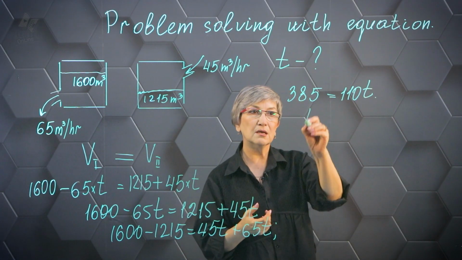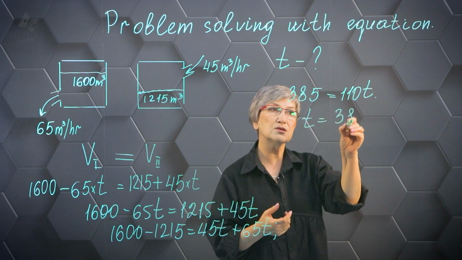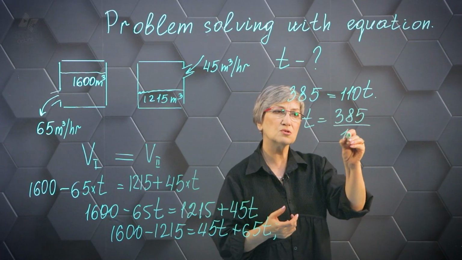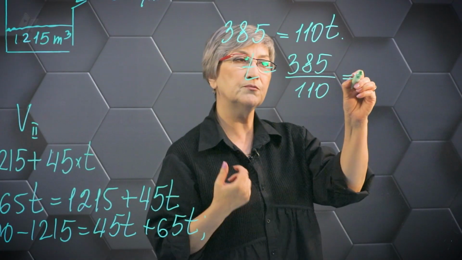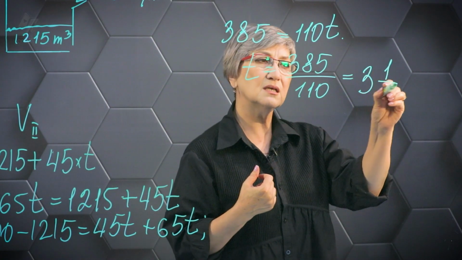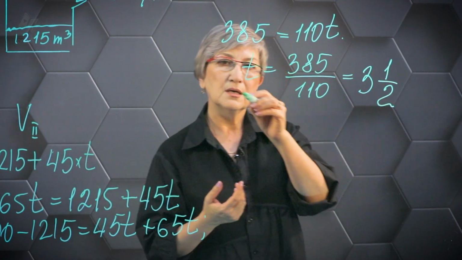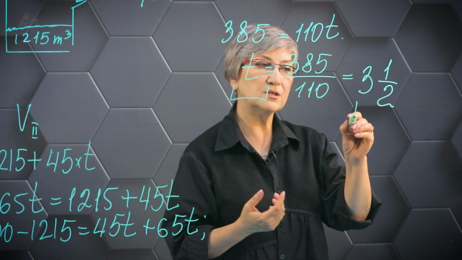Now we can find t. t equals 385 divided by 110. And when you divide 385 by 110, you end up with 3.5. Our time equals 3.5.